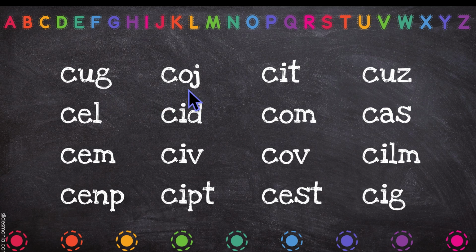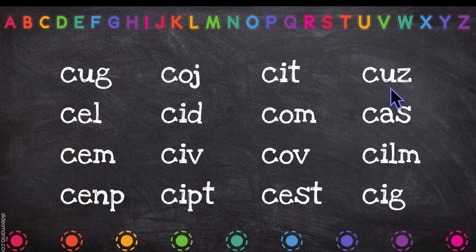E, I, and Y make the C use its second sound, S. This is not one of those letters, so we want to use the hard sound, K. K. Aj, codge. E, I, and Y make the C use its soft sound, also called the second sound, S. S, it, sit.